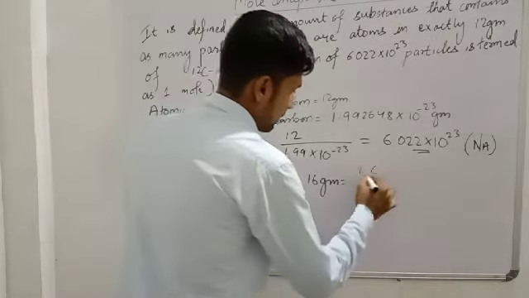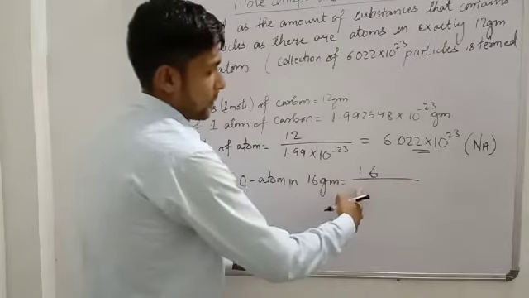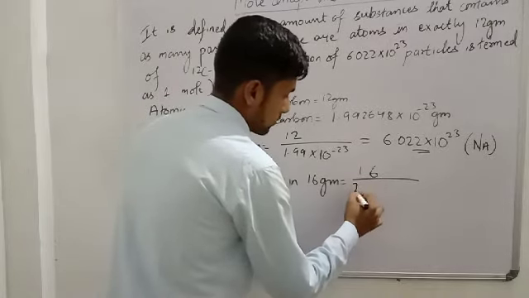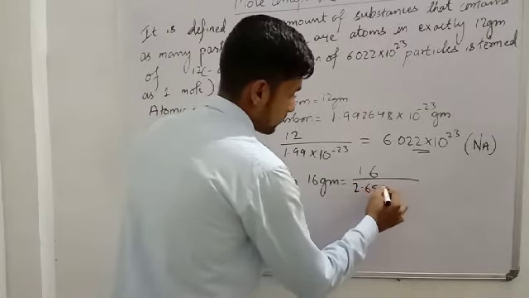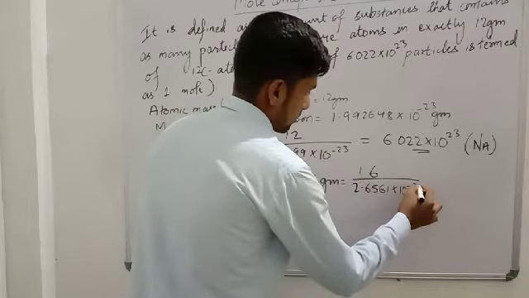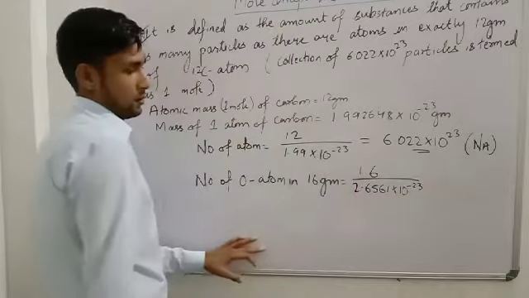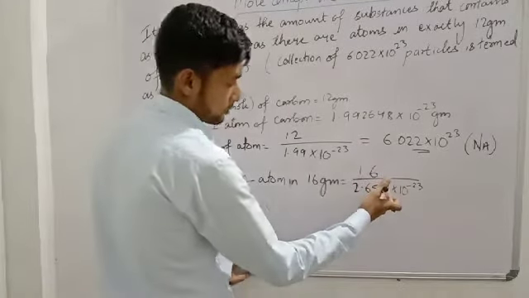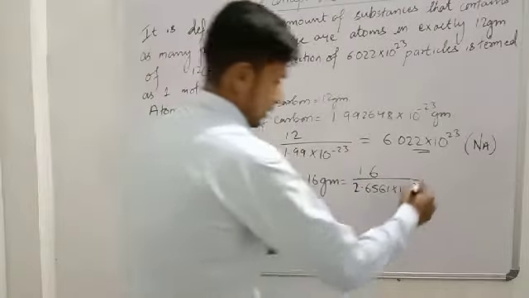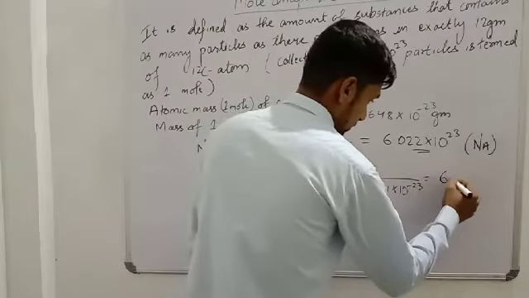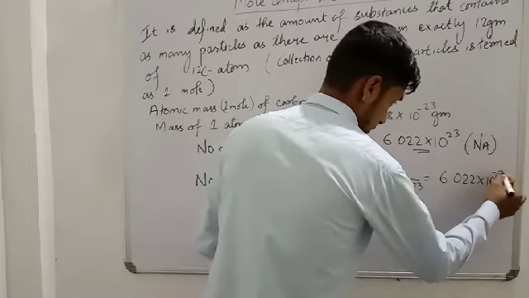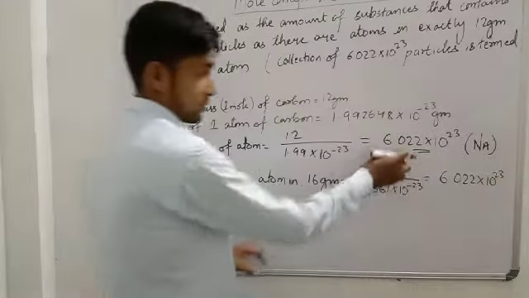So 16 by, mass of an oxygen atom is 2.6561 into 10 to the power minus 23. So this is the mass of an oxygen atom, and this is the atomic mass of oxygen. If you calculate, we will get 6.023 into 10 to the power 23, same as this.